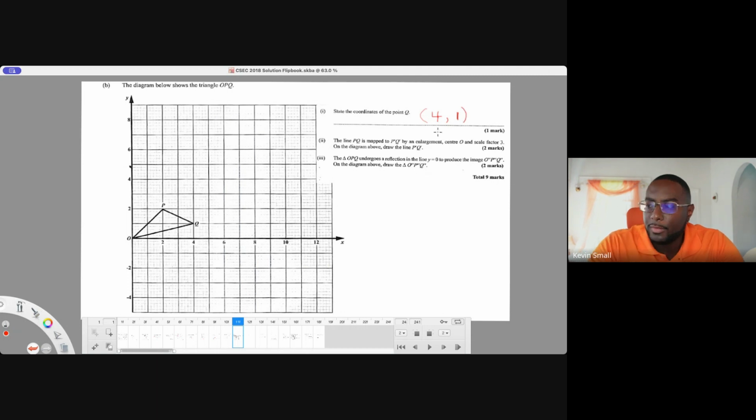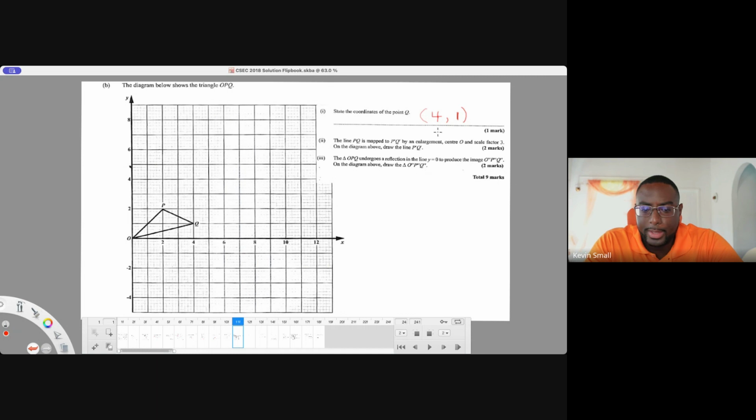Now, the line PQ is mapped to P prime Q prime by an enlargement at center 0 with a scale factor of 4. On the diagram above, draw the line PQ.